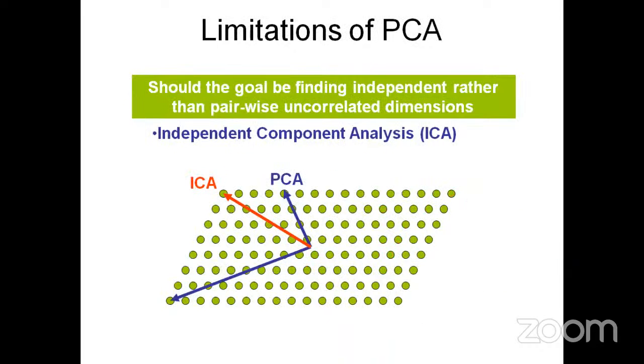Should the goal be finding independent rather than pairwise uncorrelated components?